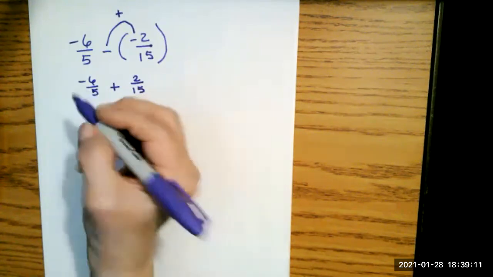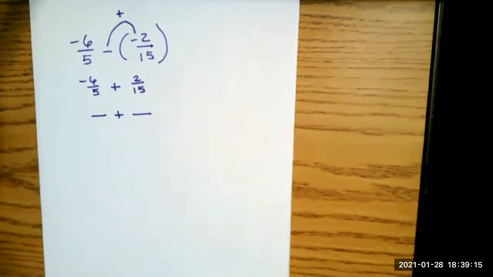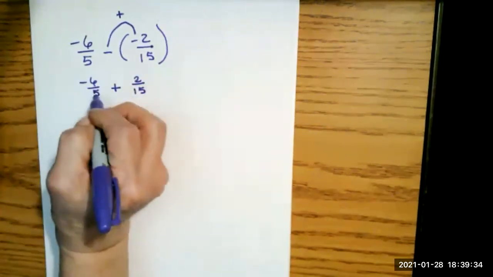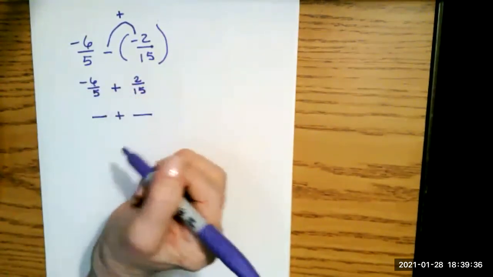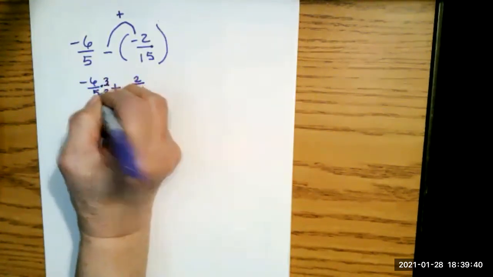Now, you have to have a common denominator in order to add fractions. We talked about this last time. Remember that you want the larger number, not the smaller number. So I need something that 5 and 15 would go into. What would it be? 15. So if I want 15, then how many times will 5 go into 15? 3. So I would have to multiply this number by 3/3.